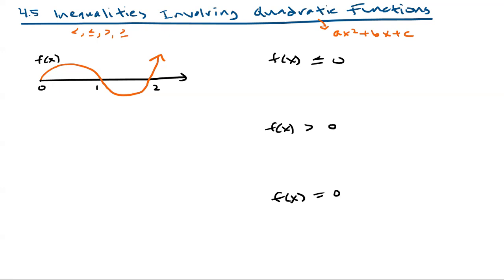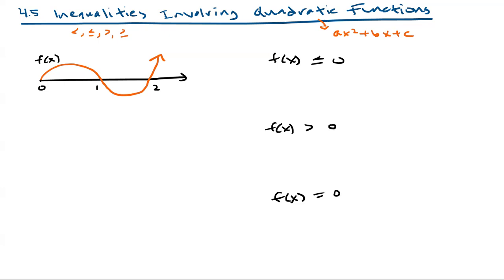So there's a couple ways to look at this. When we were dealing with piecewise defined functions, when we saw the inequality, we talked about from the left and the right, right?